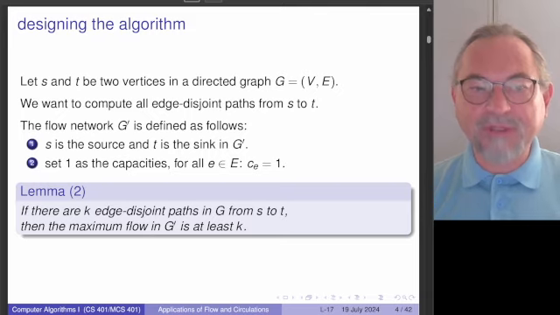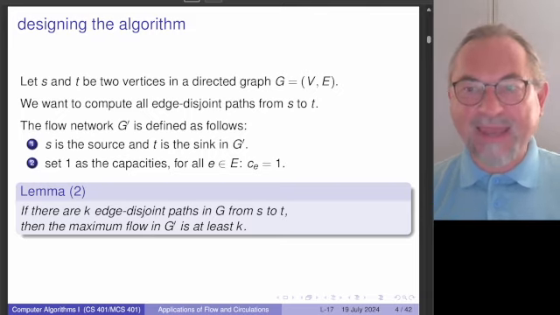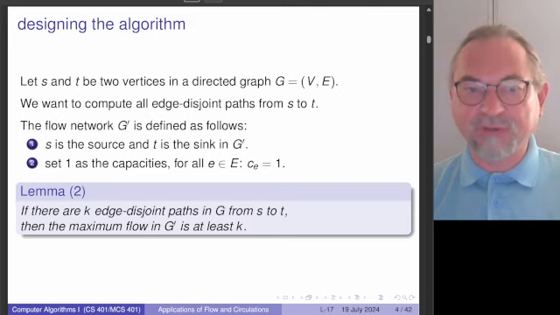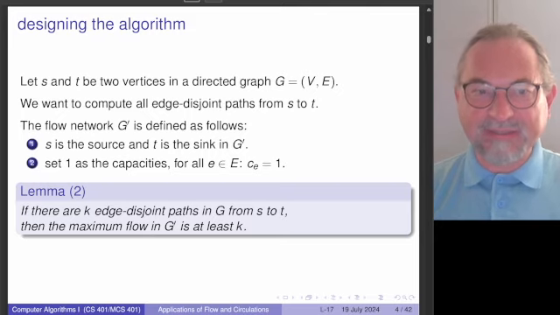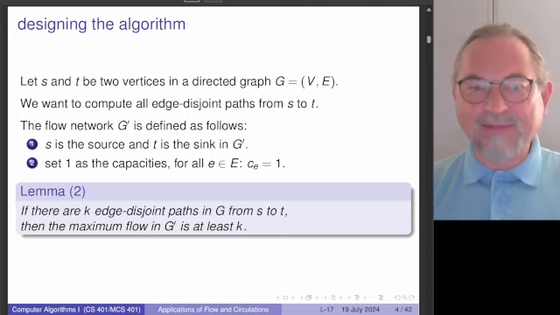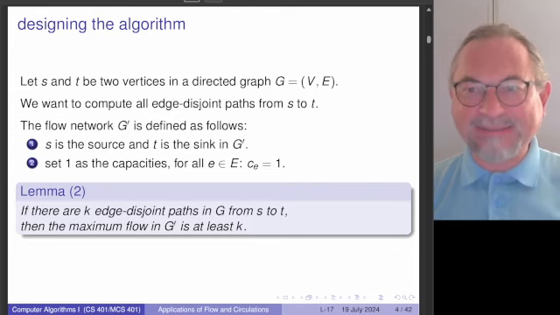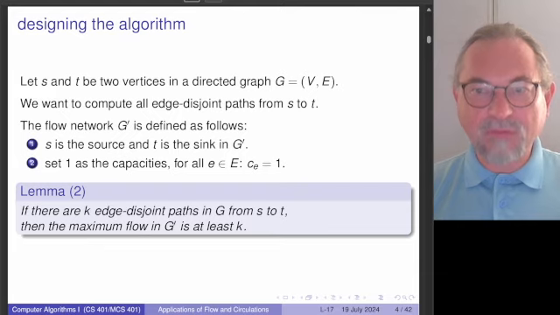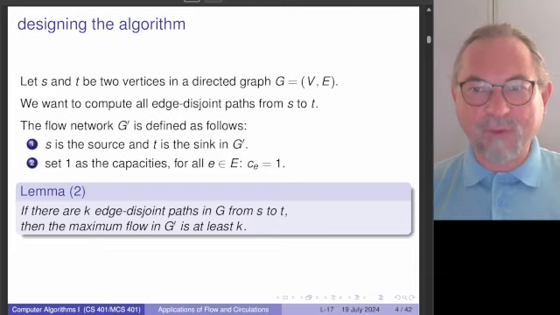The first lemma is that if we have k edge disjoint paths in the original graph, then on the graph G prime with edge capacities equal to 1, we have a maximum flow of at least k. So we are defining the input for the maximum flow problem.